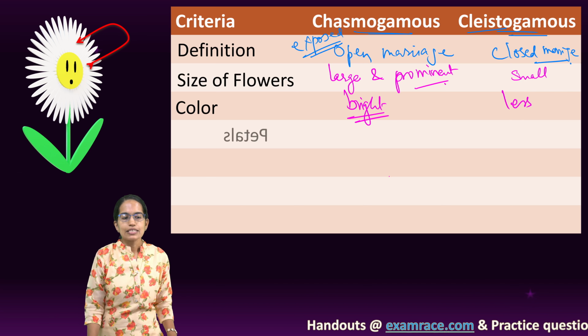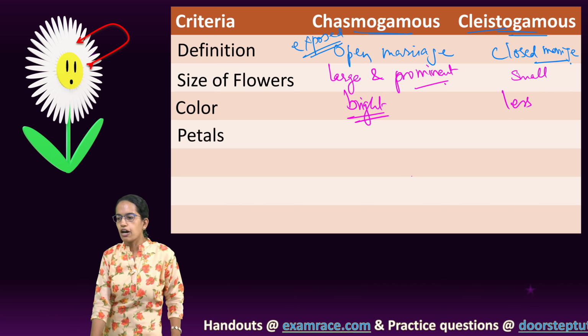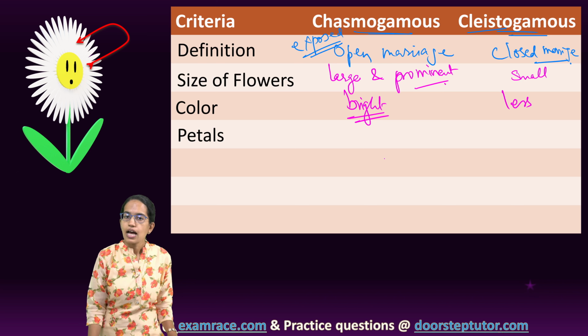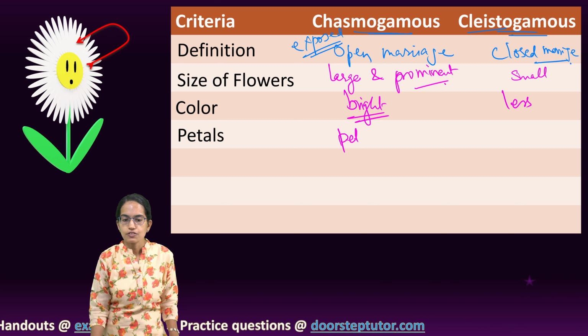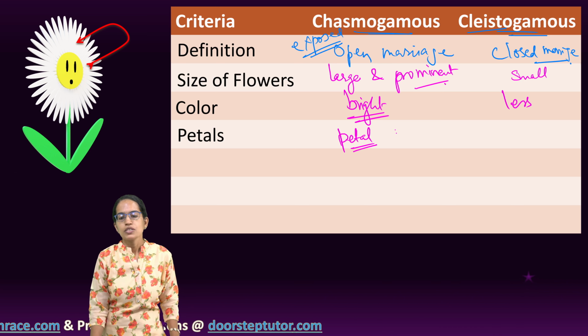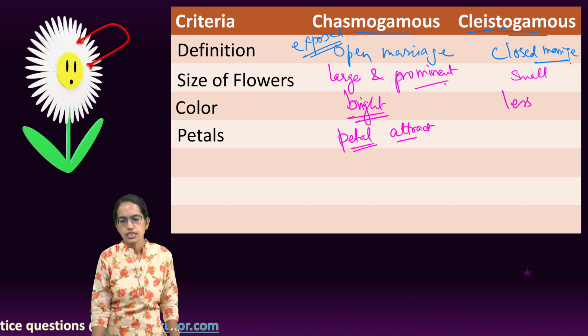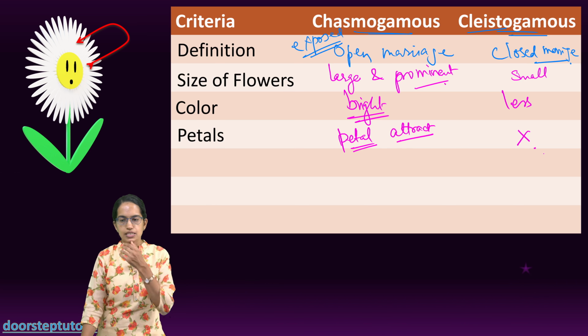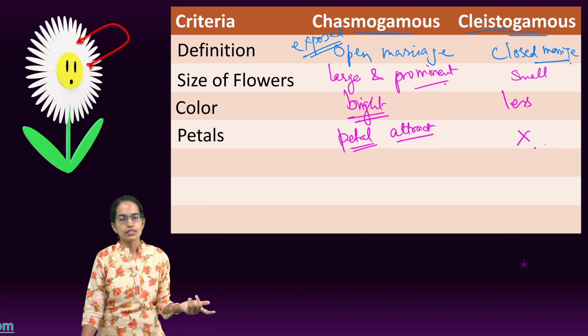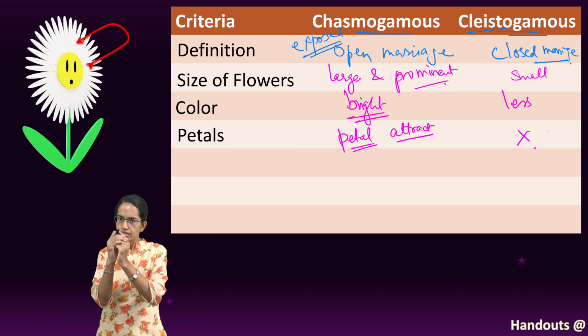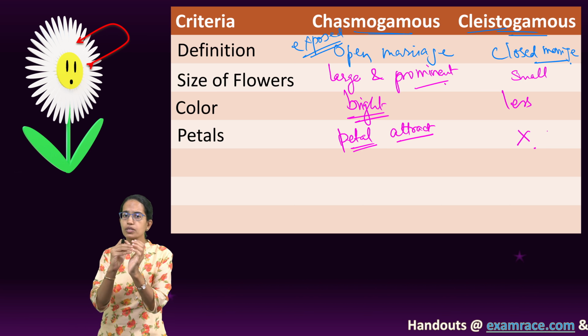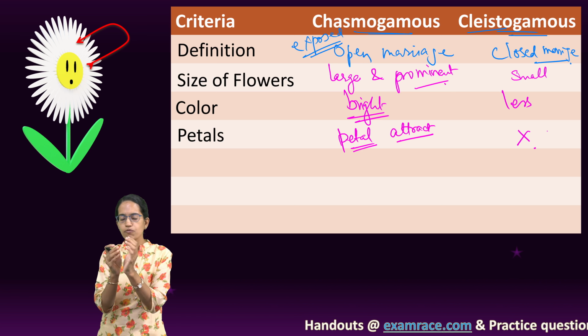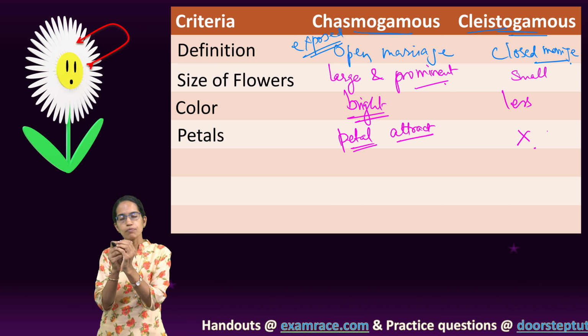Okay, the next is the kind of petals. Here the petals are made in such a fashion, as we said, that they are bright colored, so they attract the pollinators. However, nothing happens like that in the case of Cleistogamous, because the flower is closed, the pollens from the same flower would fall onto the stigma of the same flower.